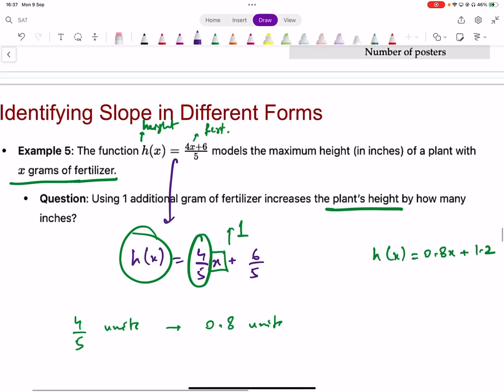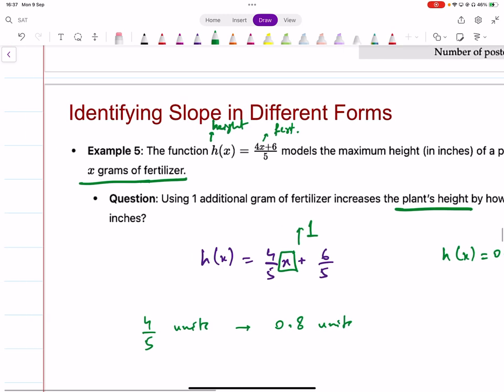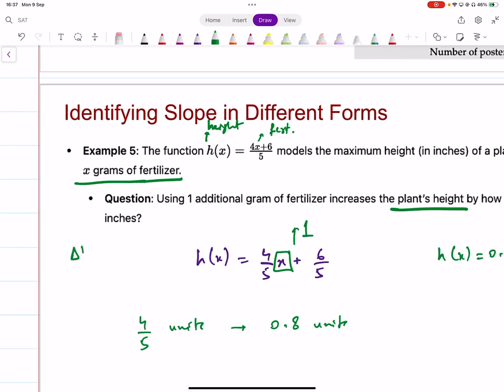In the previous case, we had 1 additional gram of fertilizer. Since we know that change in h over change in x is 4 over 5, if the fertilizer increases by 1 gram, change in x is supposed to be 1.